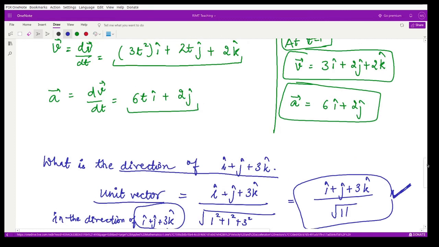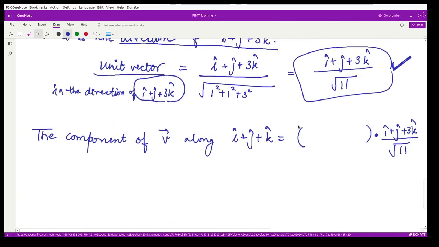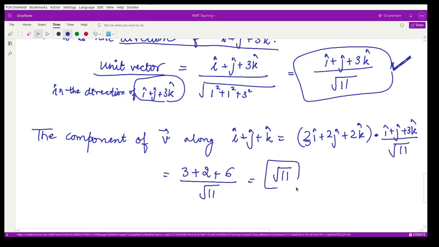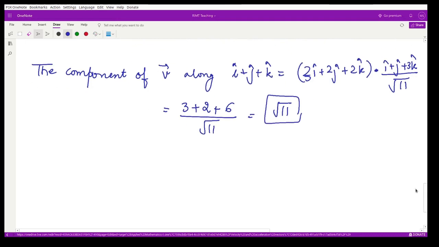And what was our velocity vector? It was equal to 3i cap plus 2j cap plus 2k cap. So when you compute this, it comes out to be 3 into 1, that is 3, plus 2 into 1, that is 2, plus 3 into 2, that is 6, divided by square root 11. So this is equal to 11 divided by square root 11, which is square root 11. So this is the component of velocity in the direction of the given vector.